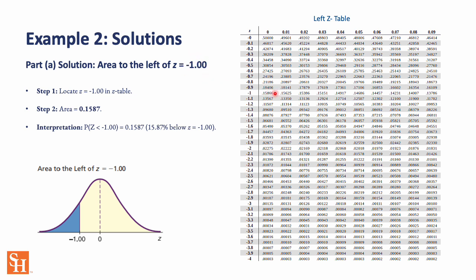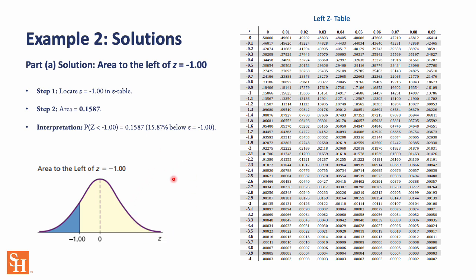And the value is 0.15866, and if you round that, it is 0.1587. That means the area to the left side of the Z value -1.00 is 0.1587, right?